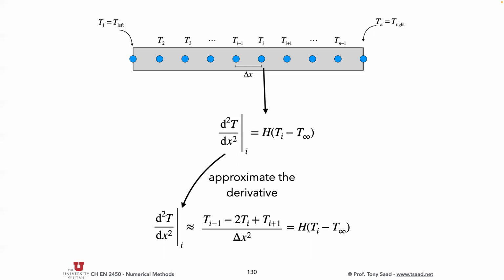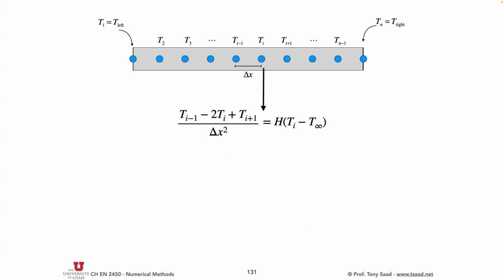Over delta x squared. So now we can ditch this. Now we have a relation between the Tis, which is kind of what we're after, right? Our objective is to find formulas for Ti, for I going from 2 to n minus 1, correct? Okay, so now this is our formula.